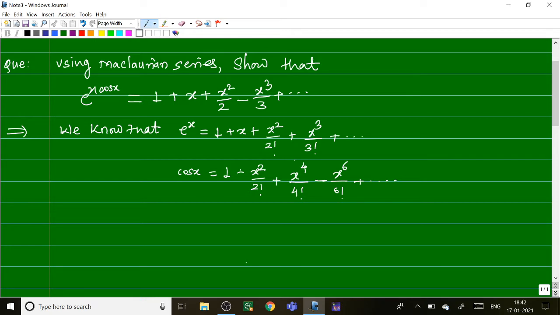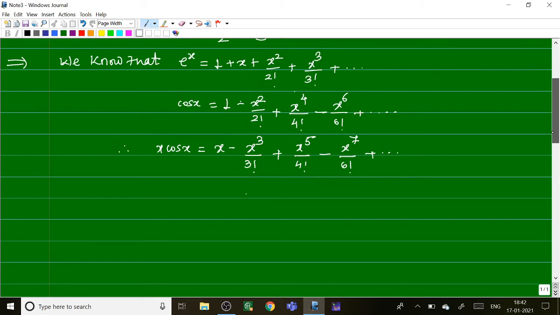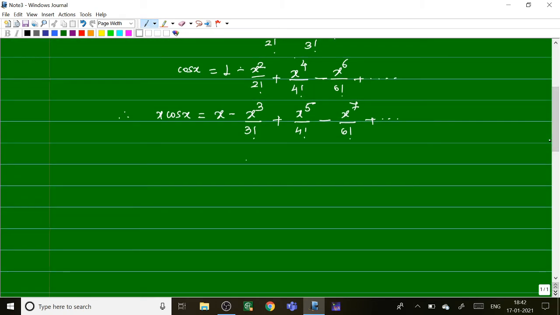So we can easily write that x into cos x is x minus x cube by 3 factorial plus x to the 5 by 4 factorial minus x to the 7 by 6 factorial and so on. Now let x cos x equal theta.